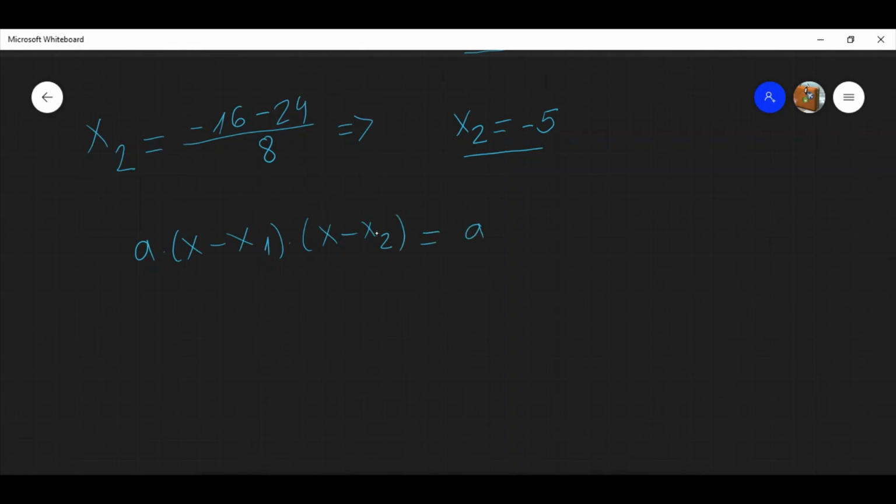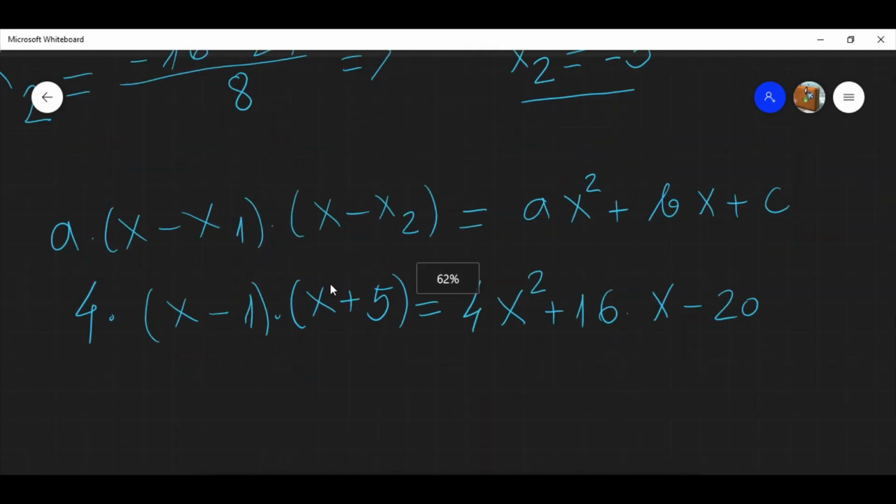This is the general quadratic formula, ax squared plus bx plus c. a has value 4, x minus x1 is x minus 1, x minus minus 5 is x plus 5, and this is our equation that we have, 4x squared plus 16x minus 20.